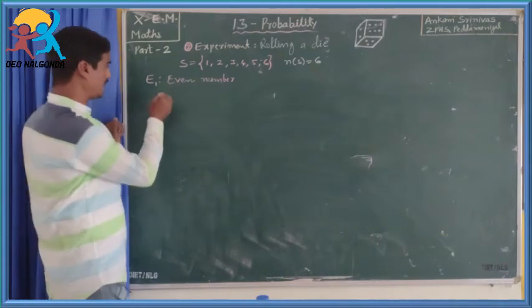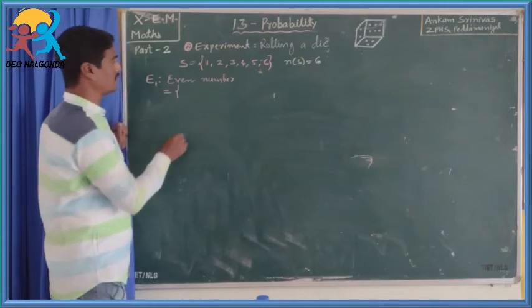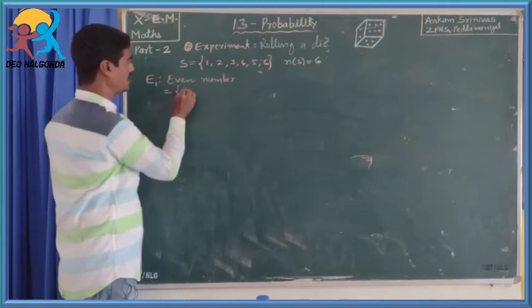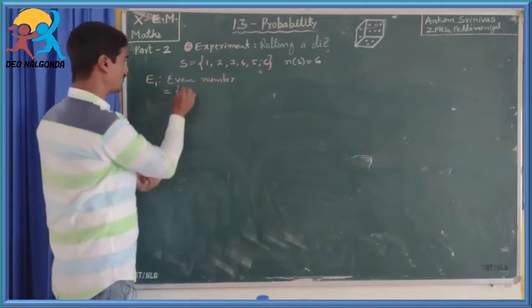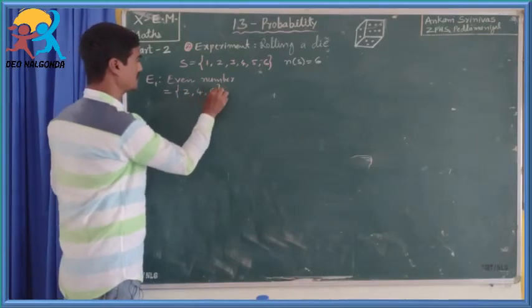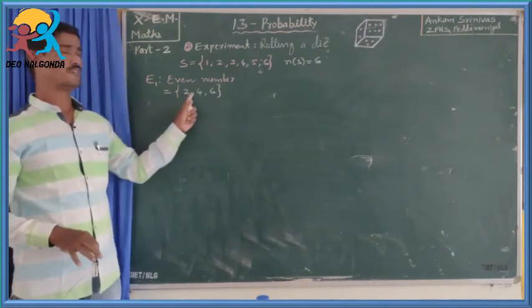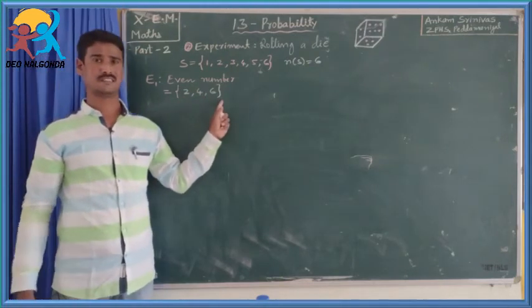So we will get here E1, the event, equal to even numbers. What are the even numbers here? We will get here 2, 4, 6. So our favorable outcomes are 2, 4, 6.